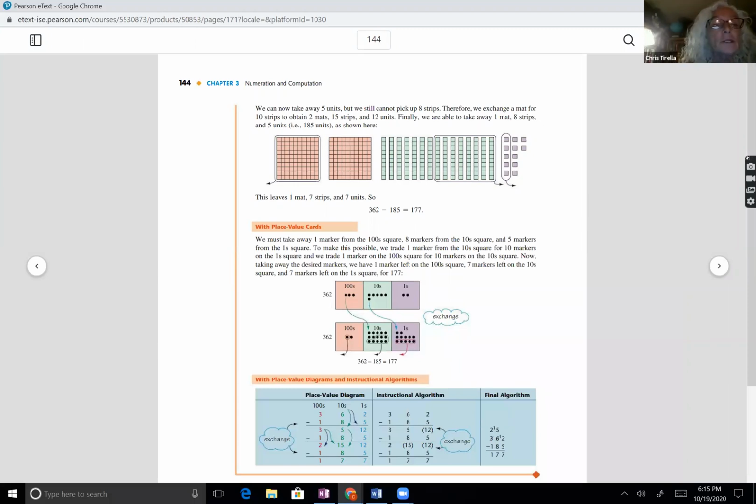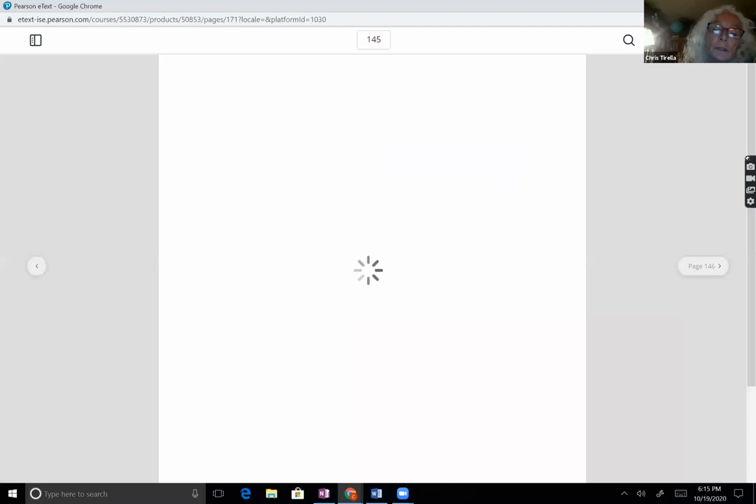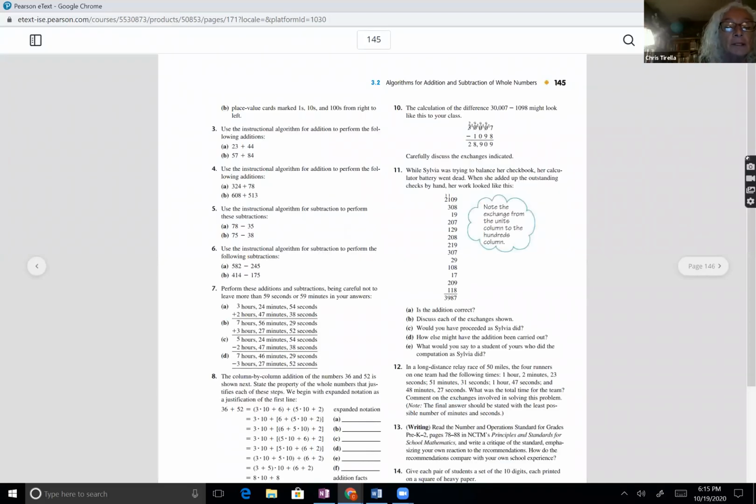And this one, again, is real similar to the one that we looked at with the Babylonian numbers, and with the time. It asks us to do addition and subtraction with time. So that first one, we've got 3 hours, 24 minutes, 54 seconds.